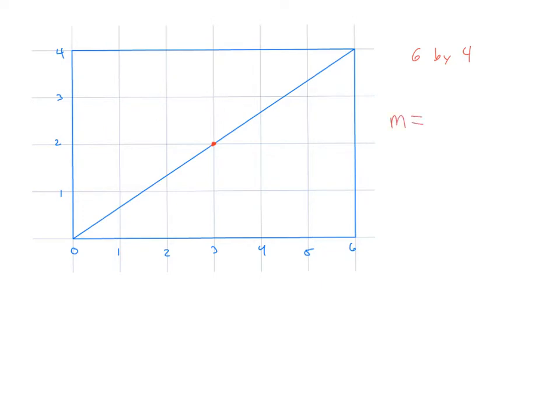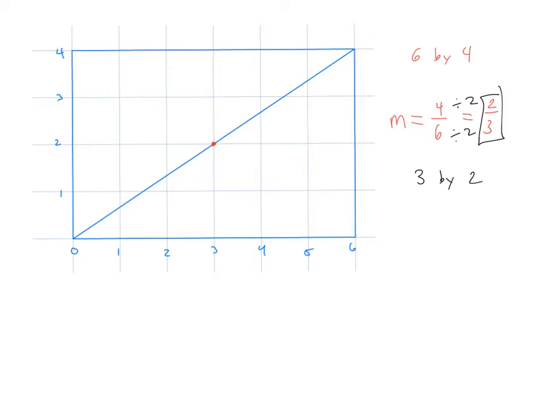So the slope of this diagonal line here would be 4 over 6, which reduces to 2 over 3, if you divide the numerator and the denominator by 2, you get this 2 over 3. So the idea is now we're going to analyze a 3 by 2, and if we can figure out how many unit squares the diagonal goes through in a 3 by 2, then we're just going to scale up by 2.